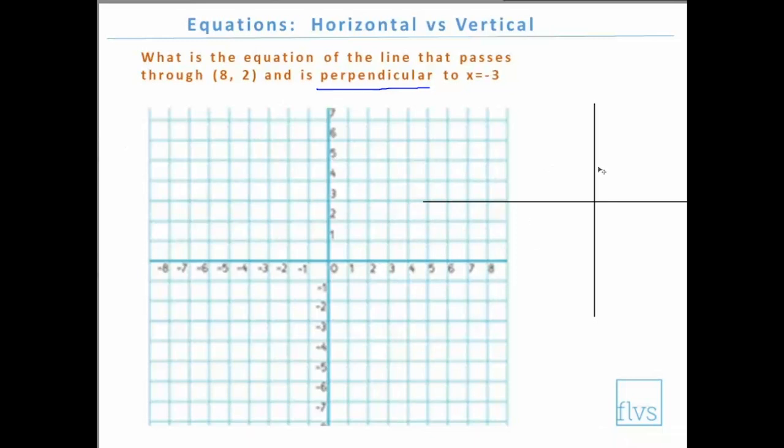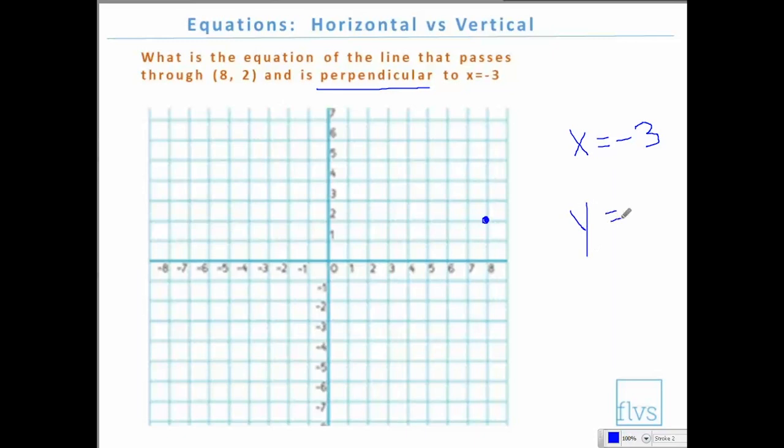So let's think about this. We need the equation of the line that passes through the point 8, 2. So just for visual reference, we're going to go to 8, we're going to go up to positive 2, and I'm going to put a dot. So we've got that equation, and now we're looking at, okay, I need it to be perpendicular to x equals negative 3. So I need the opposite type of equation of x equals. Well, if I need the opposite one, then I need the y. I need the opposite, perpendicular.